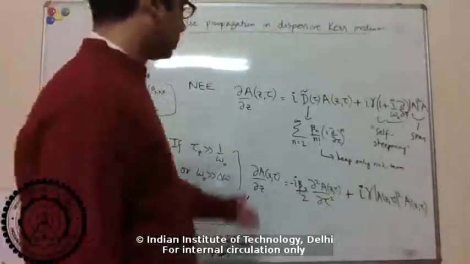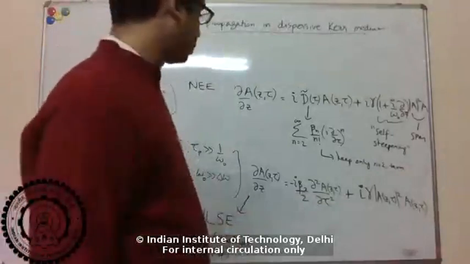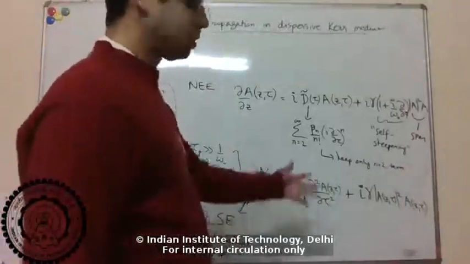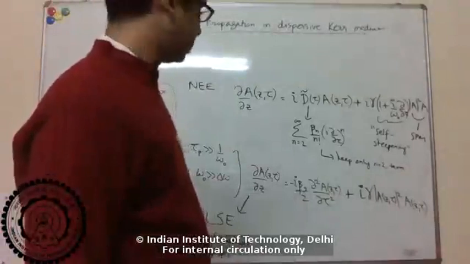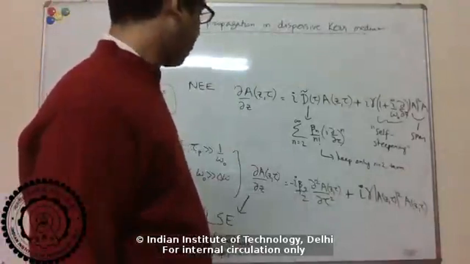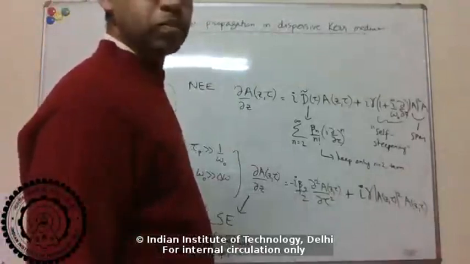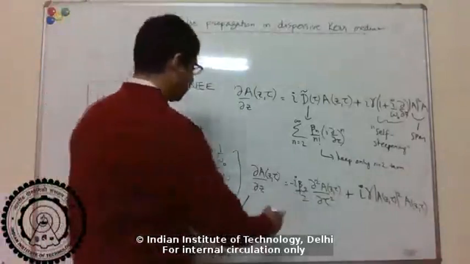Okay, can you see why it's called the nonlinear Schrodinger equation? Does it seem familiar to the Schrodinger equation? Right. So what is Schrodinger equation?